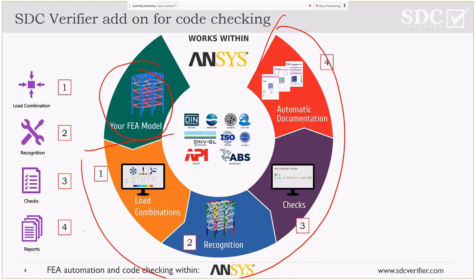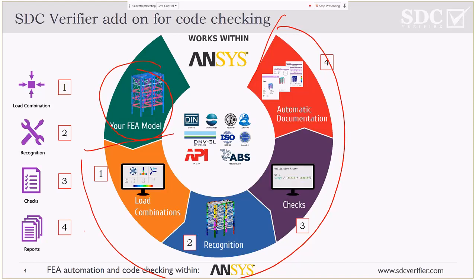You have a lot of different reasons to set up a certain mesh size. With recognition, it's possible that we recognize from your FEA model the different structural parts, and we do the checks based on these structural parts.